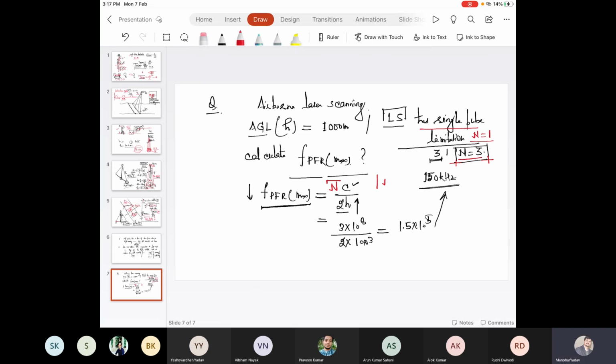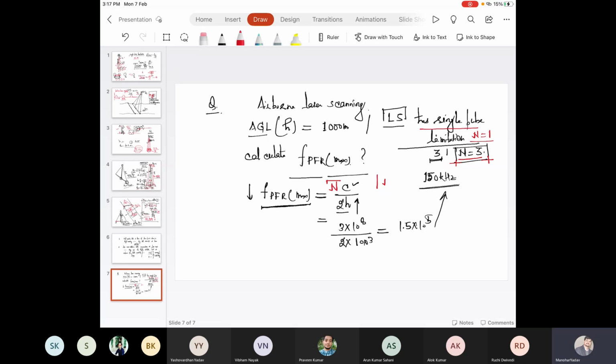So if n is equal to 3, identification of 3 pulses means in a series the three laser pulses are fired without waiting for the return of the first pulse. So 3 pulses are in air. After that, the return of the first is received at the receiver.